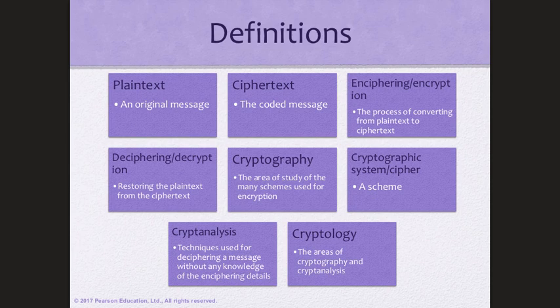Okay? Crypt analysis is the technique used to break the cryptographic system. Okay? So if someone is trying to break the system without having access to the key, without really getting the key somehow, then that person is performing crypt analysis of that cryptographic system.